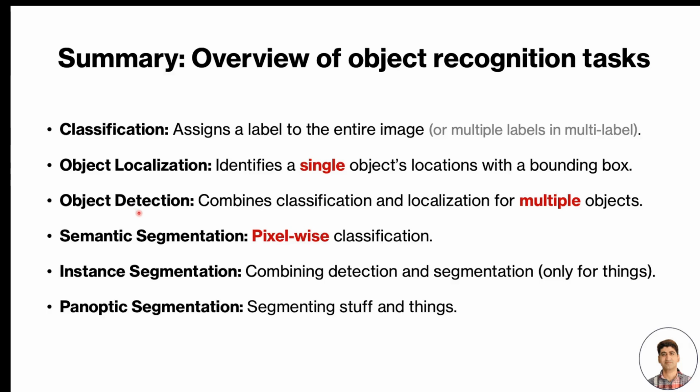And finally, we went over some segmentation tasks, including semantic segmentation that is not able to separate instances of the same class from each other, but instance segmentation was able to separate the instances from each other. And finally, we also covered panoptic segmentation that works on both stuff and things. So I hope that you find this video useful, and thanks for watching.